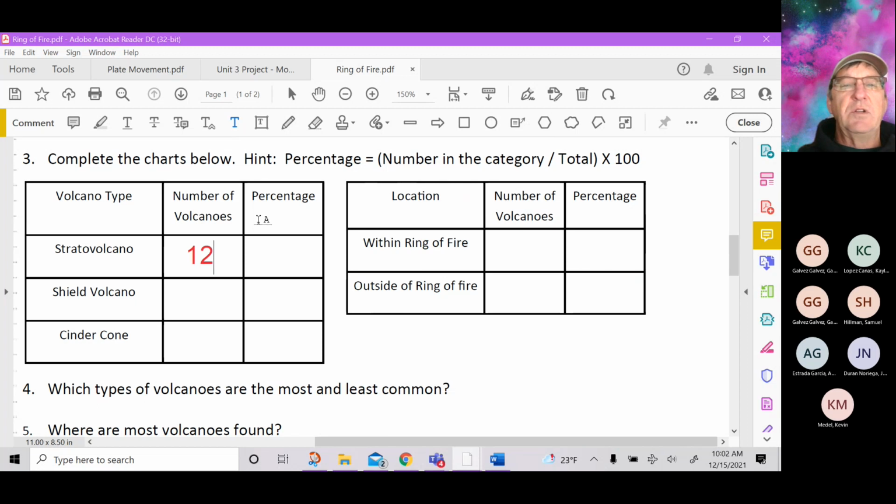All right, so take however many there are divided by 24 to fill in this chart. Similarly, for this chart, you're going to find a percentage again, but now you got to figure out how many volcanoes are in the ring of fire and how many are not, how many are outside of the ring of fire.